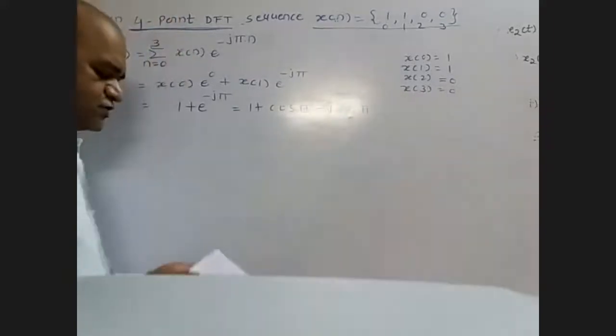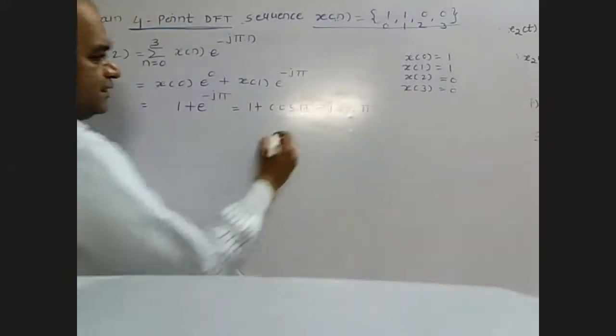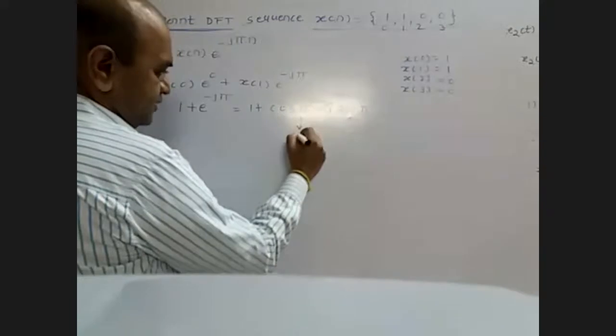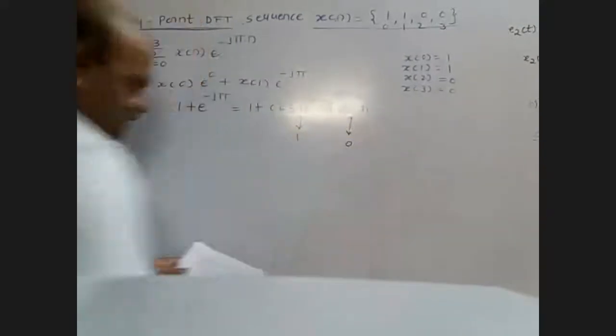Now what is cos pi? Cos 180 is nothing but minus 1, and sine 180 is nothing but 0.